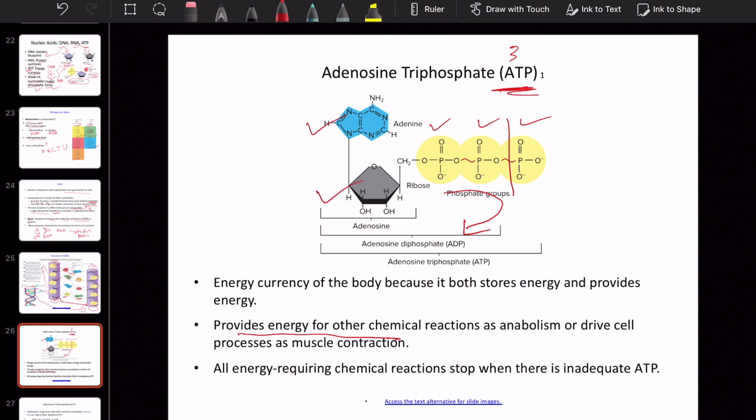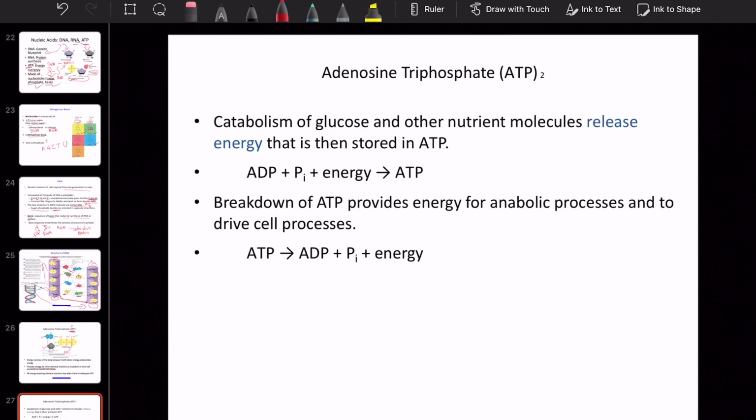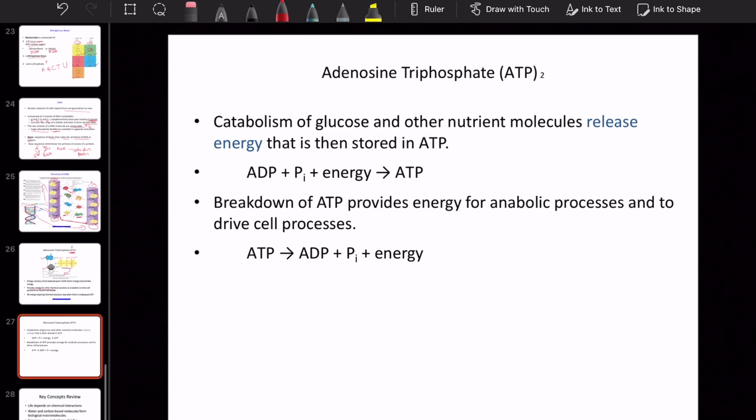So when ATP is not available, then there is no energy. You don't have any energy, you stop all the chemical reactions. So adenosine triphosphate.